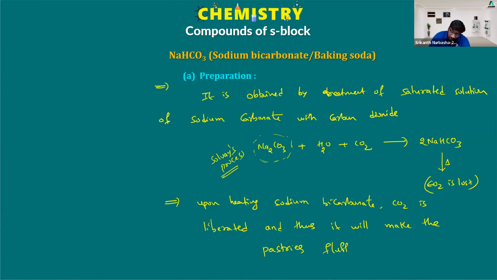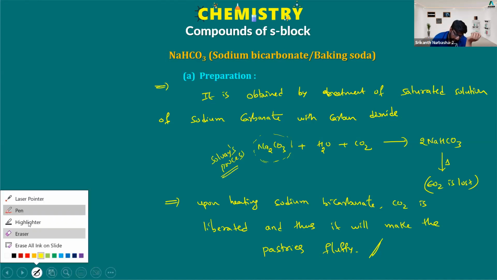Because you will be adding NaHCO3 to make different kinds of pastries. Baking soda, whenever you add it and heat it above 100 degrees Celsius, CO2 is obviously going to be evolved. Okay.